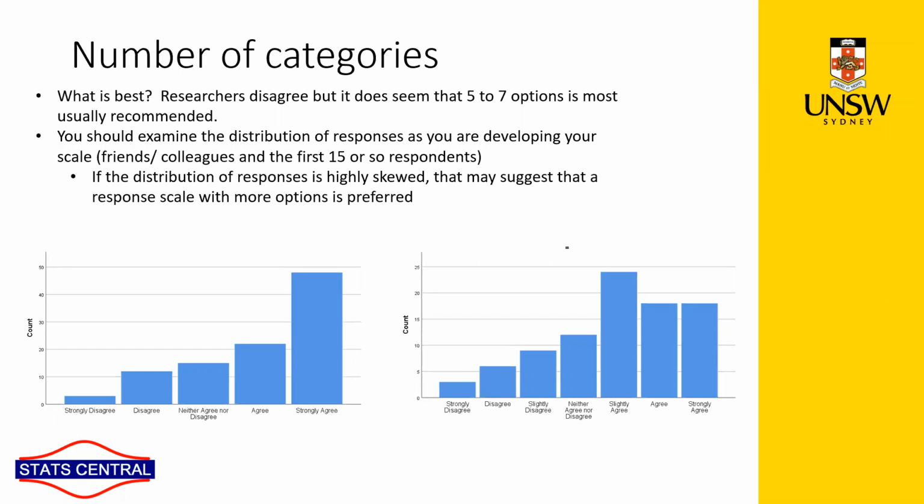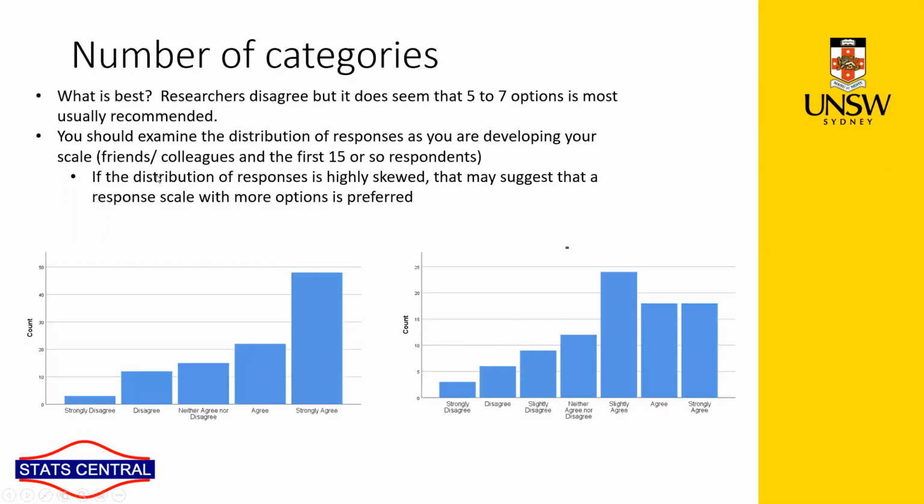If you restrict the variability, it's much harder to demonstrate the statistical properties and psychometric properties of your scale. So between 5 and 7 seems to do okay.